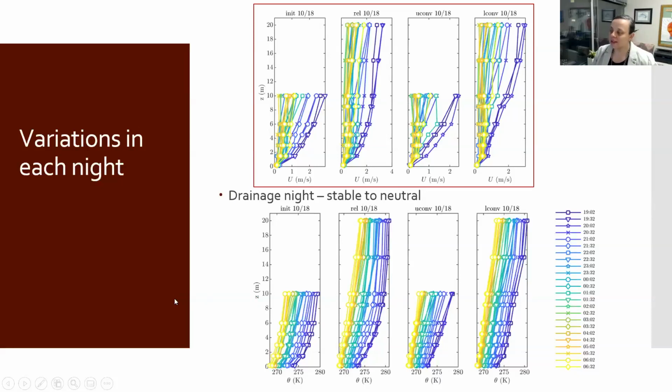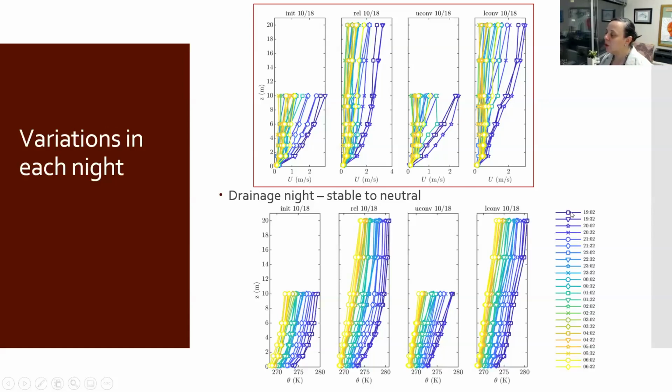But we see variations in each night. So here we have one night, October 18th, which you saw in some of the previous graphs as well. This is the night we've really dug into. It was one of the better IOPs. This is half hours across the evening, in the bottom, potential temperature, and in the top, wind speed.